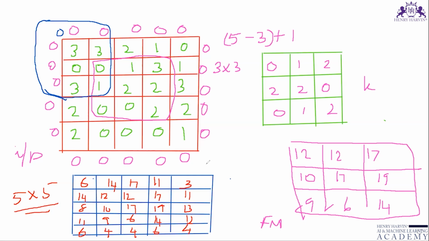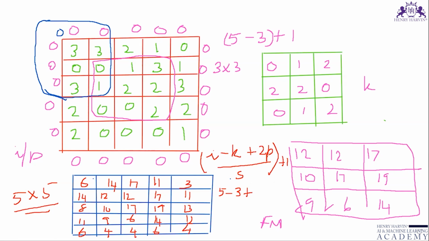So when I do padding, how does the formula change? Input minus k plus 2p, divided by s, plus 1. Let us try to substitute. What was input actually? 5. Kernel was 3, plus how many padding layers did we add?